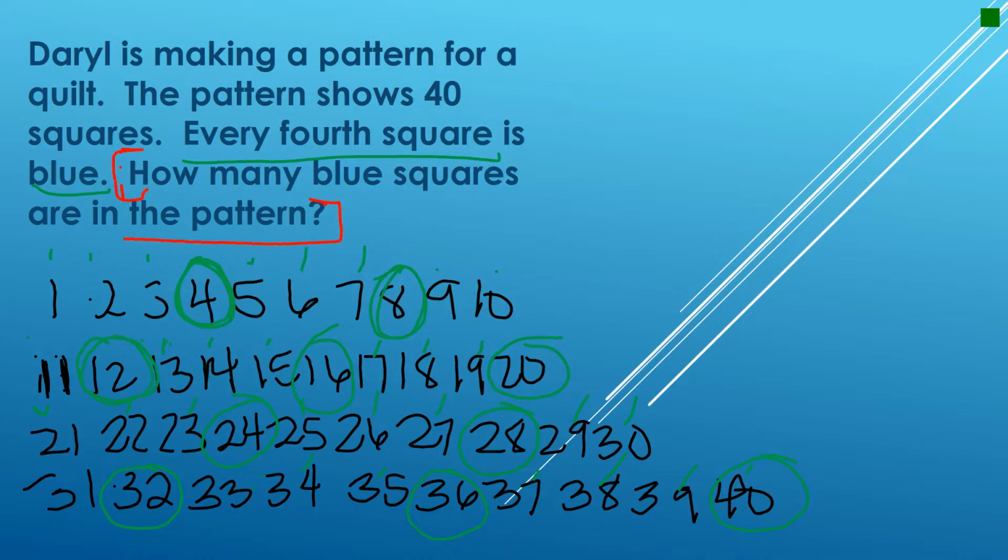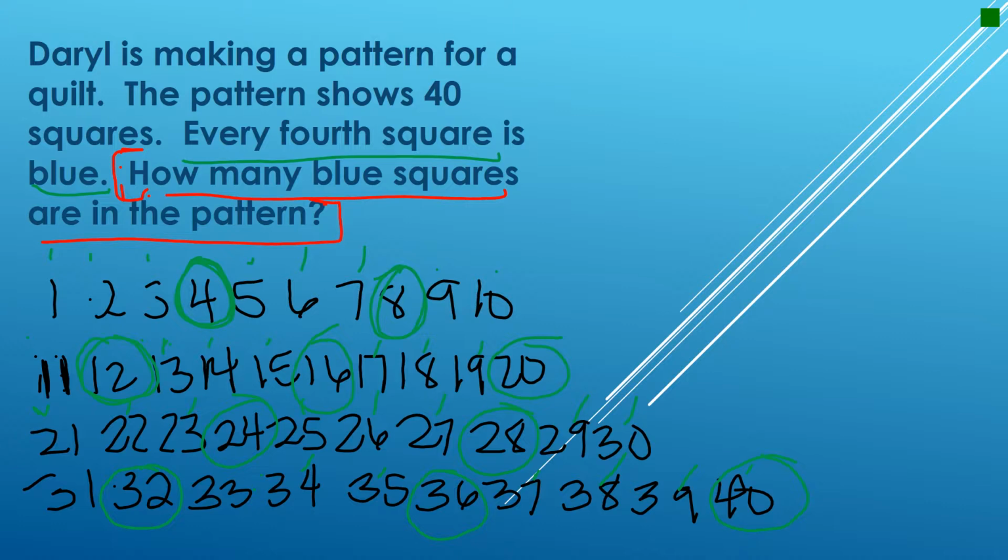So the question I have to answer, though, and we have to be very careful, especially when we're looking at tests with multiple choice questions, oftentimes the mistake that you're likely to make is there as an answer. It is asking how many blue squares are in the pattern.